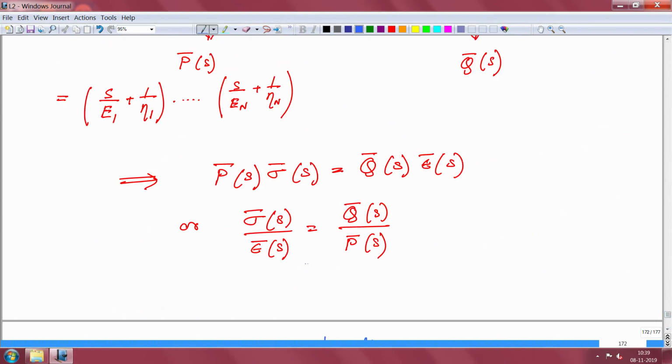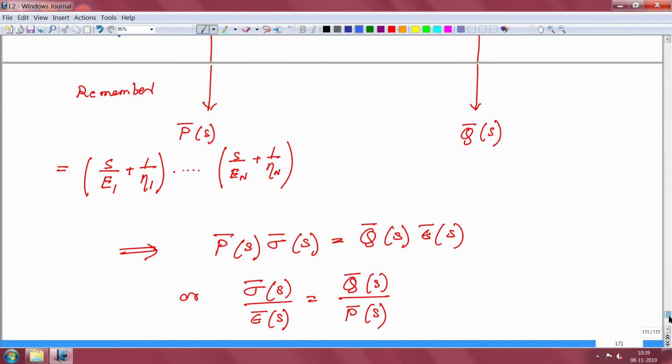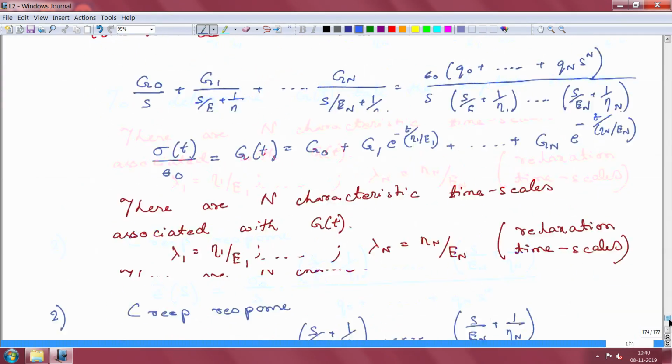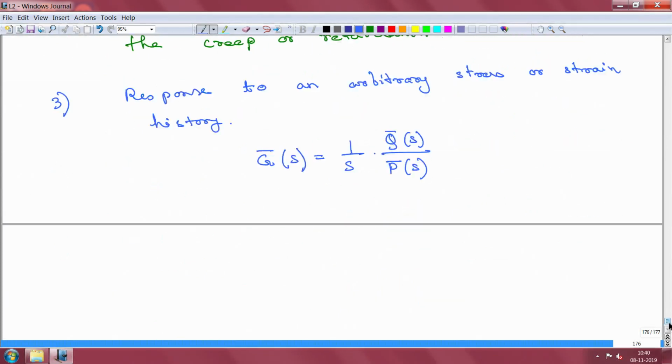If you combine these two equations, the one which relates the ratio of the Laplacian of the stress and the strain to the different polynomials, then as in the previous case you can write that sigma bar s is equal to s times g bar of s epsilon bar s.